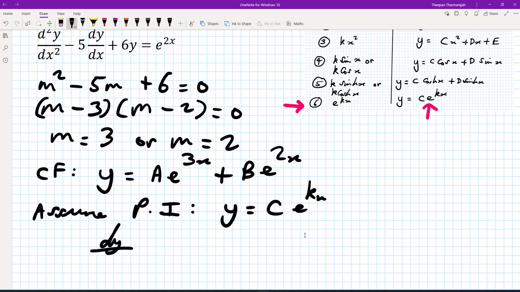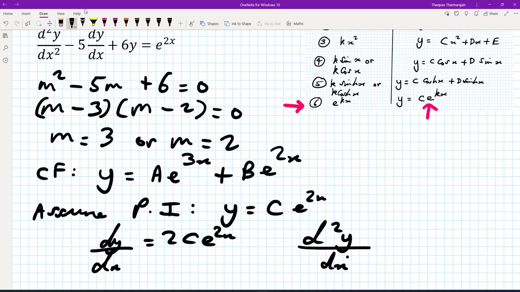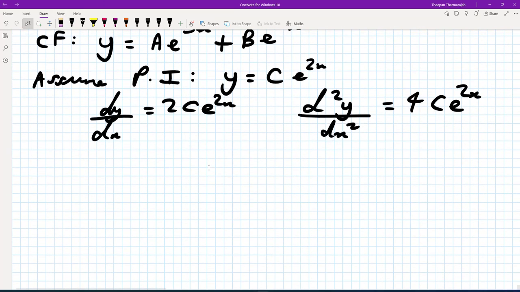So dy by dx, in our case there's a 2 there, so it's going to be 2c e to the 2x. d2y by dx squared would be 4c e to the 2x. Now when we substitute it into our differential equation, this is what happens.